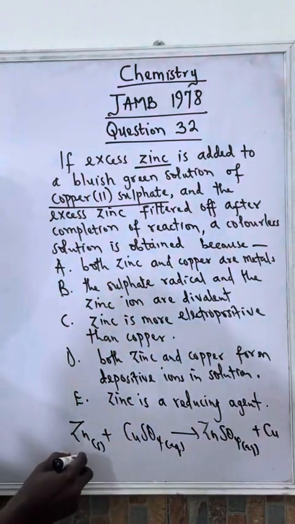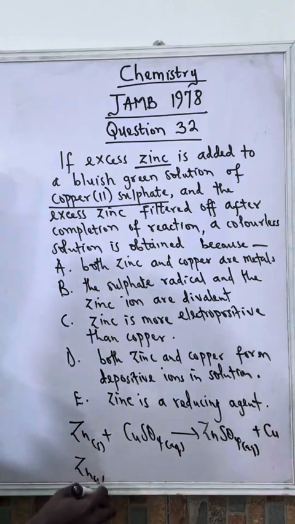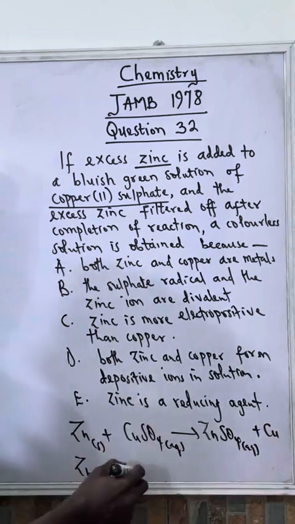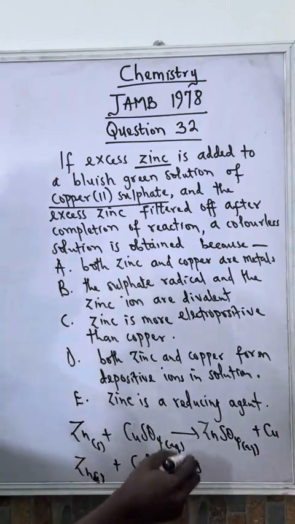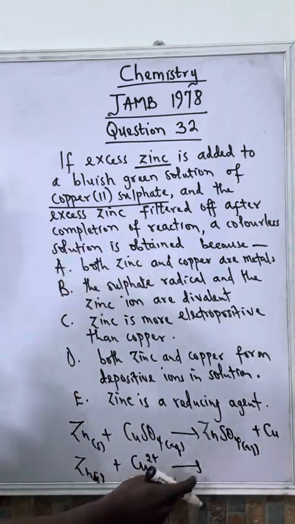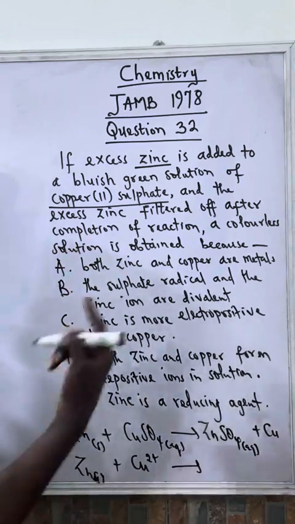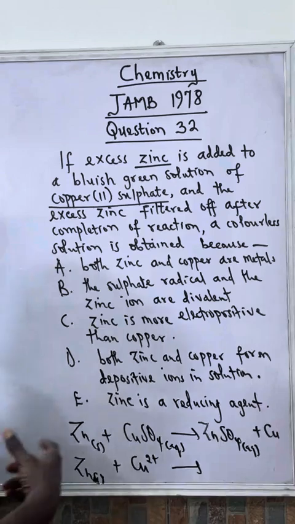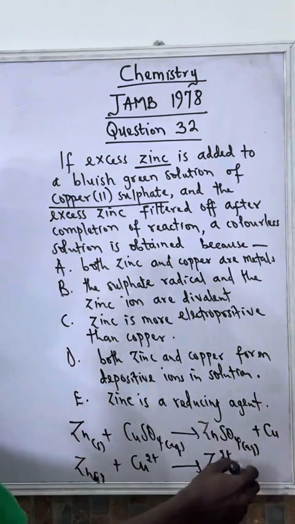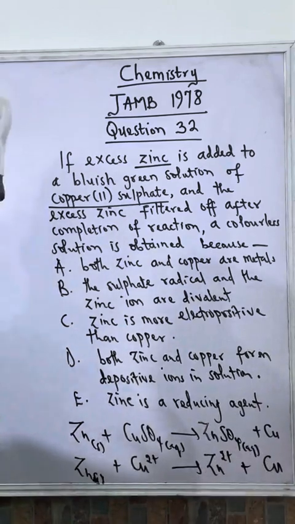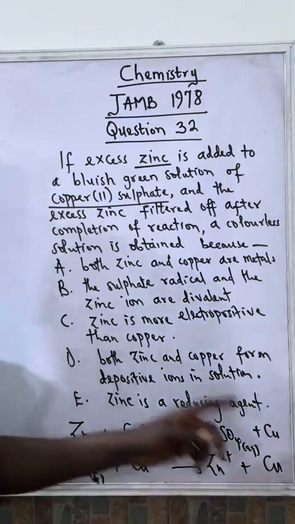This is neutral zinc, that's zinc solid, combining with copper(II) ion. Since it has displaced it, this zinc's oxidation number increases to zinc(II), that is zinc ion, and the copper is reduced to ordinary Cu.